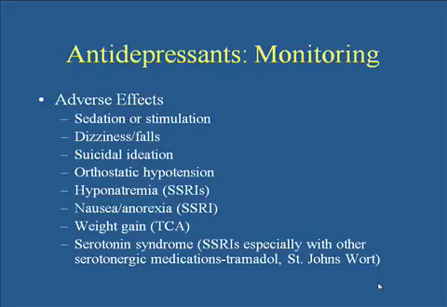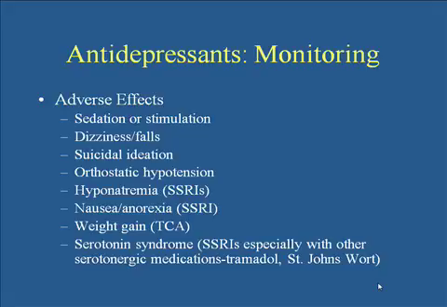But for the most part, they're all monitored fairly similarly as far as their effects based on what their indication is for. And many of them are used, as I said, for both anxiety and depression. And in addition to that, they can also be used for pain. Of note, when these agents are used for pain, they are exempt from the gradual dose reduction.